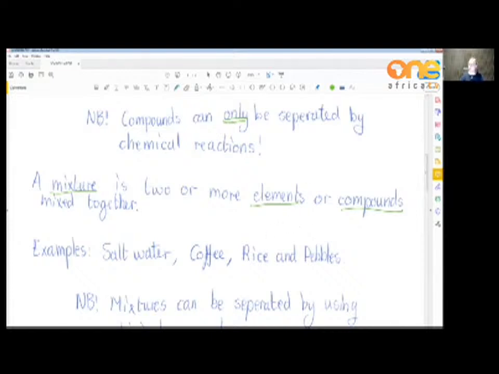Here I need to stop and quickly explain something. Here we go. We get two different kinds of mixtures. We get homogeneous mixtures and then we get non-homogeneous mixtures.